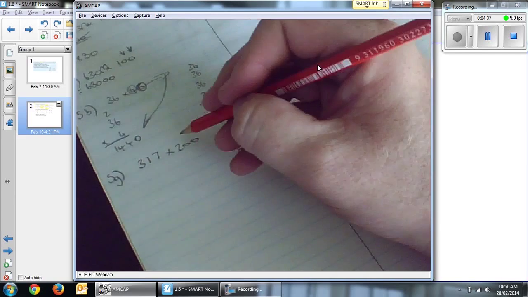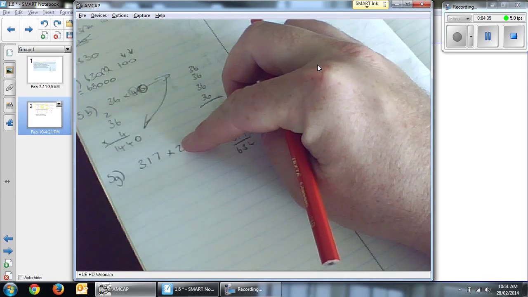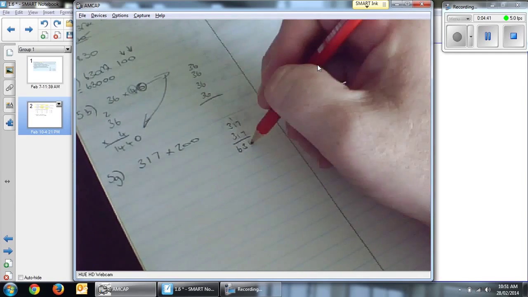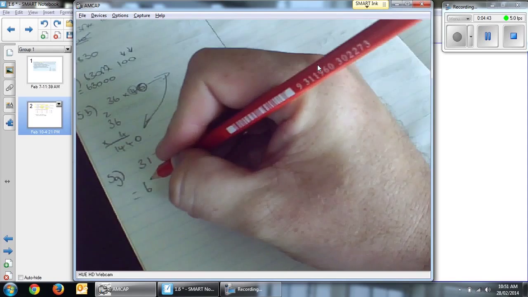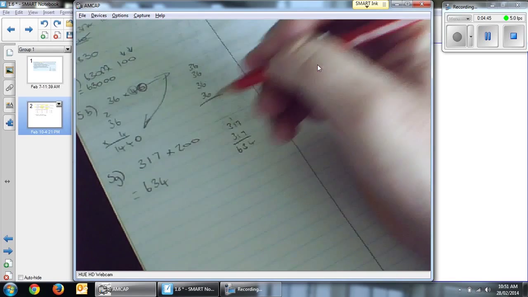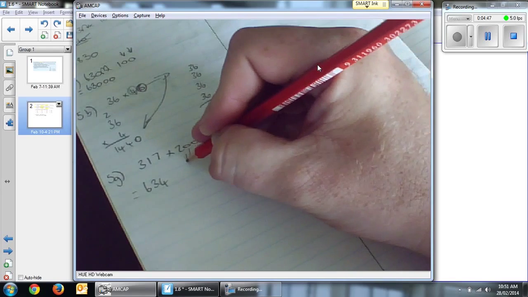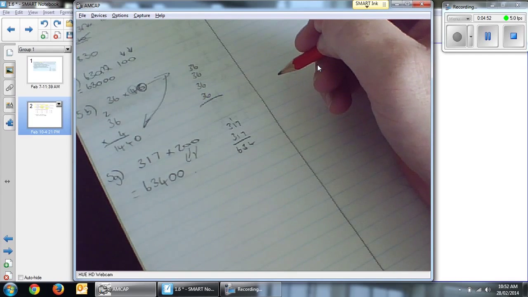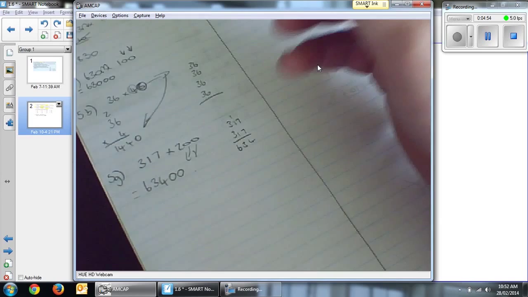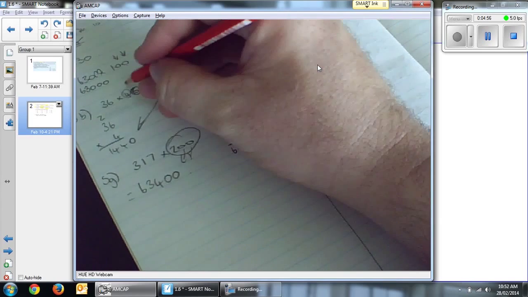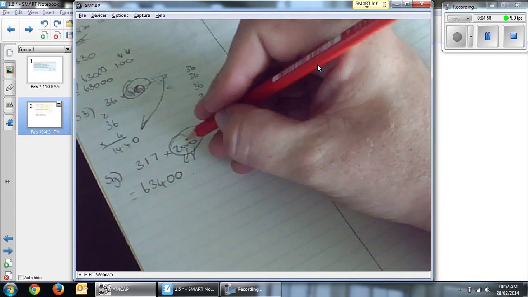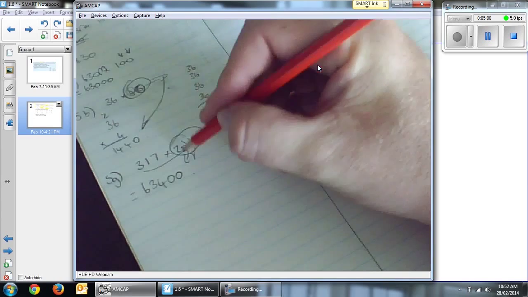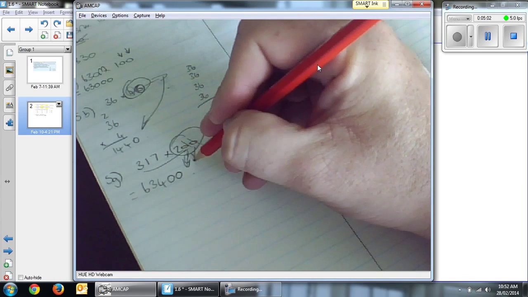All we're looking for is 2 times 317. So in this case, that'll give us 634. And then we add in our 2 zeros, which gives us 63,400. So when you're multiplying with a number like this, drop off the zeros, do the multiplication, and then add them back in at the end.